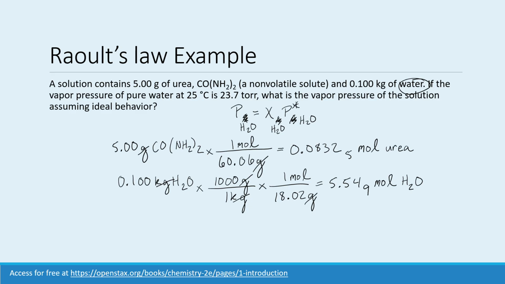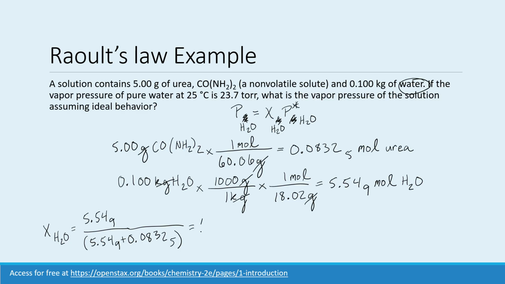Okay, so if you want to calculate the mole fraction, then we will take the moles of the water, that's the 5.549, and then divide that by the total moles of everything, and so we have to add that water back with our solute, 0.0832.